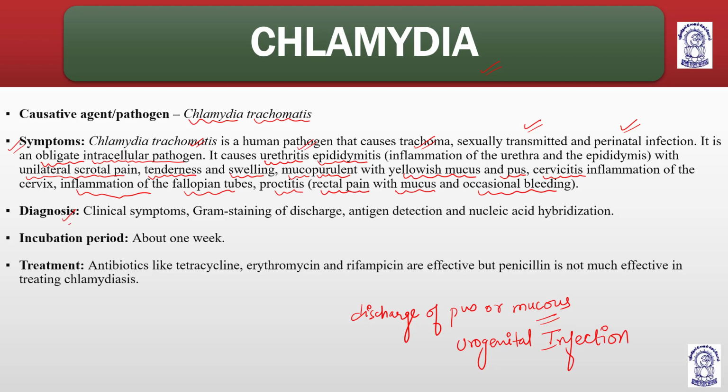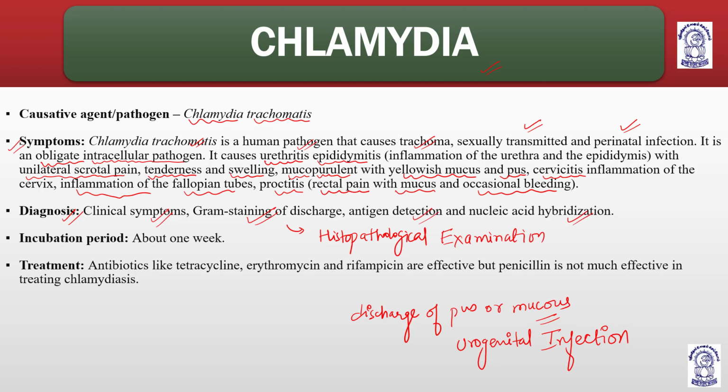Diagnosis is done by clinical symptoms and gram staining of the discharge. The discharge is sent to the lab for histopathological examination. Other methods are antigen detection and nucleic acid hybridization.